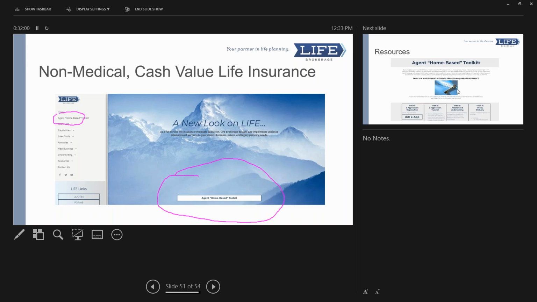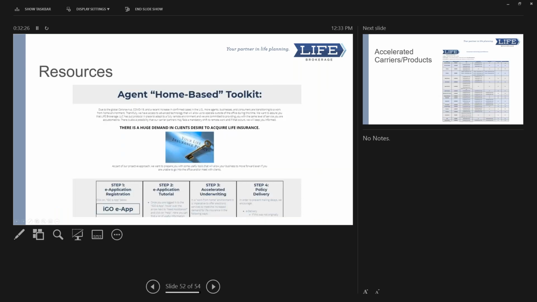This gives you everything you need to literally sell anywhere from 500,000 to 65 million of life insurance from the comforts of your own home. Now, the $65 million program comes with a little bit of additional work, so I don't want to get everyone too excited, but accelerated programs exist up through $5 million all day long. Some involve even instant decisions.